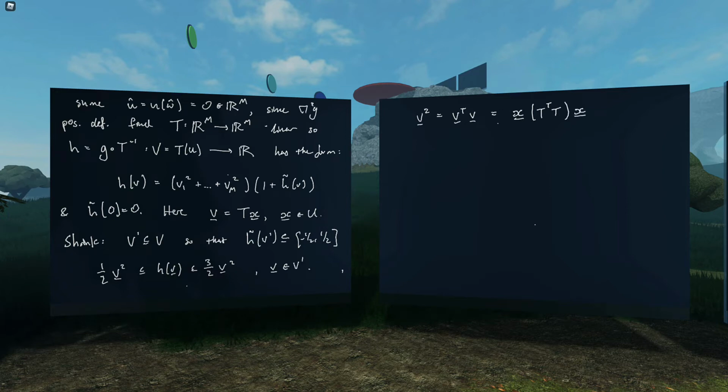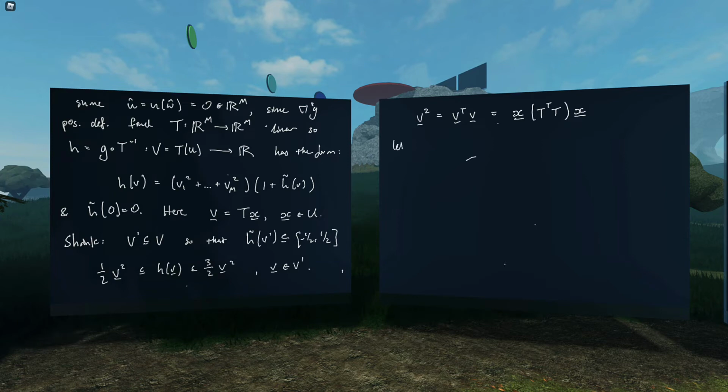I'm going through this in detail because I sort of had to think about it for a surprisingly long time. And so t transpose t is symmetric, and so the eigenvalues are real and positive, or can be chosen to be.